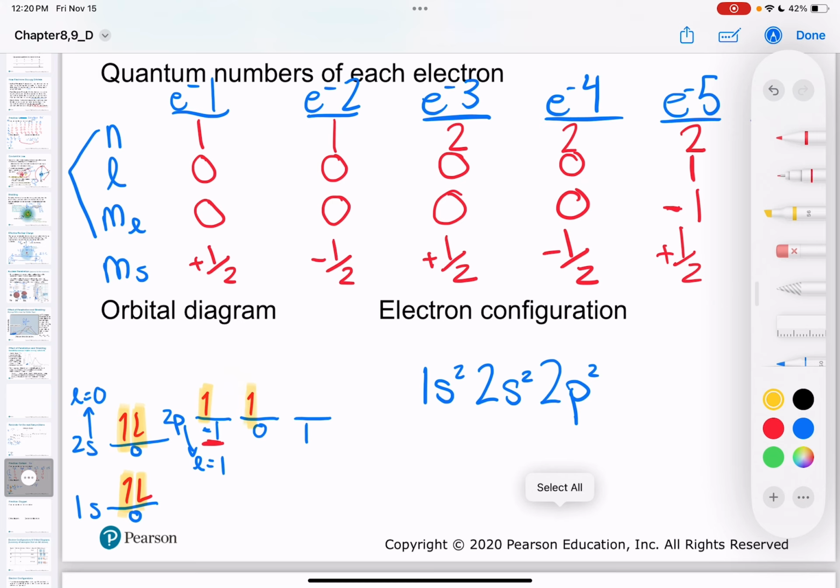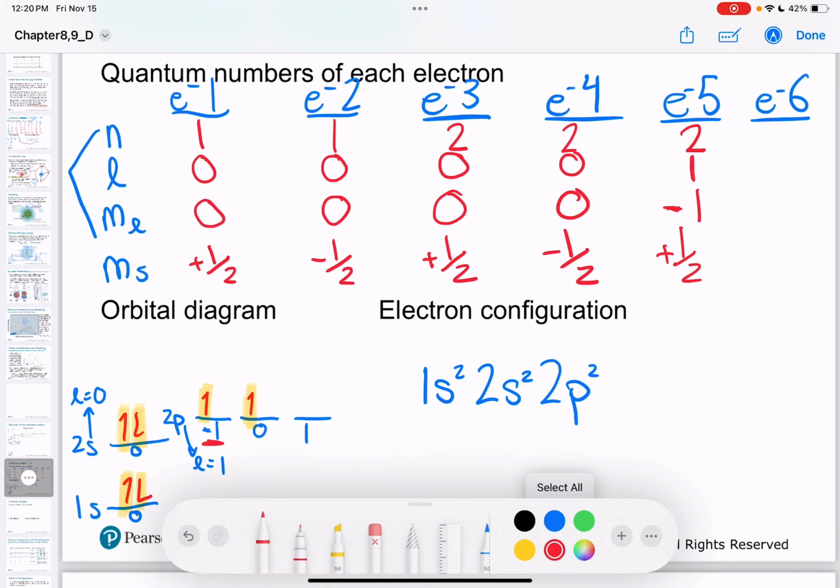Now this last electron is in a different orbital. So unlike the other ones where the first three numbers were all the same because they were in the same orbitals, this one's in a different orbital, a different line in our diagram. So it's still n equals 2, and it's still the p subshell, so it's still an L of 1, but now the m sub l is a different value because we're in a different orbital, so it's 0. Also a spin of +1/2.